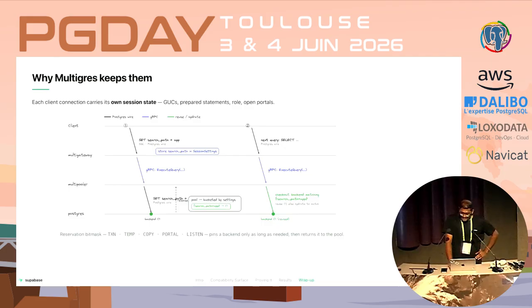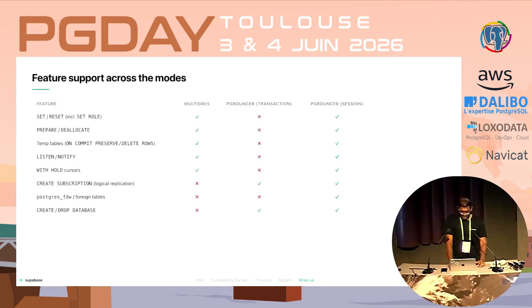The backend is held only as long as one of those reasons is still true. And the instant they clear, it goes back to the pool to be reused by any other top level connection. So that's the how part, and there is a whole separate talk in our blog series that goes much deeper into the pooling part and how we let the session specific state travel.